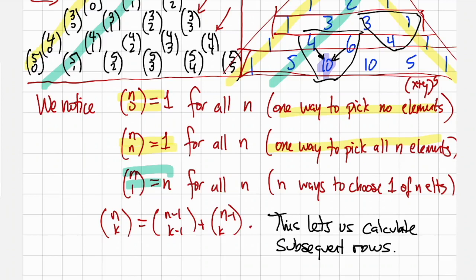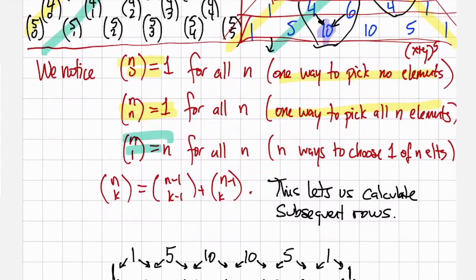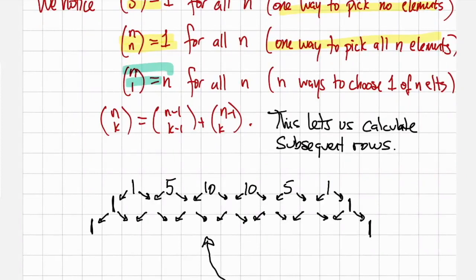So if we wanted to come up with the next row underneath 1, 5, 10, 10, 5, 1, we would add up 1 plus 5, we would get 6. 5 plus 10, we get 15. 10 plus 10, we get 20. 10 plus 5, we get 15. 5 plus 1, we get 6. And then the next row would be 1 plus 6 is 7, 6 plus 15 is 21, 15 plus 20 is 35, 20 plus 15 is 35, 15 plus 6 is 21, 6 plus 1 is 7.